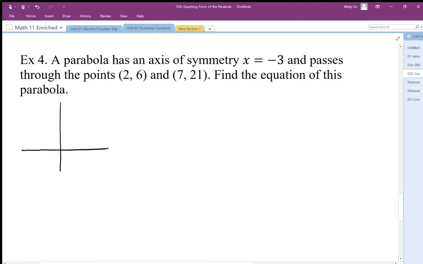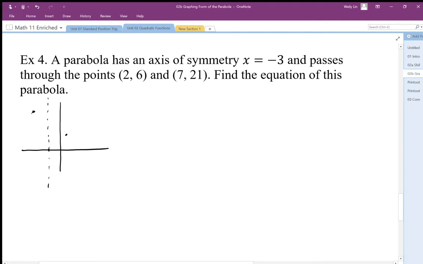Okay, so I have x equals -3, maybe about here. That's going to be my axis of symmetry. And at 2, 6 up, somewhere around there, and 7, 21, maybe somewhere around, let's say right about here.